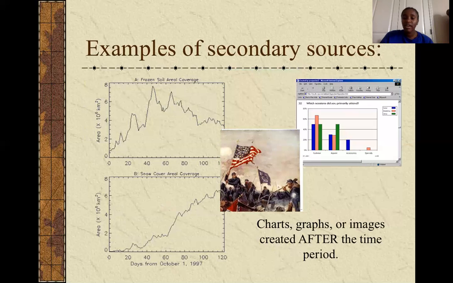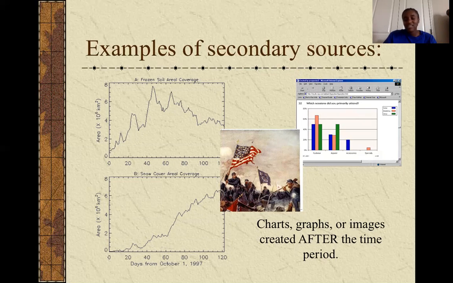Here's some more. Again, some images. So like graphs, you're recording information that you researched, graphs, charts, images created after the time period. So like this painting or this picture right here in the middle, this was not taken at the time of the actual event. It was created later in a painting.